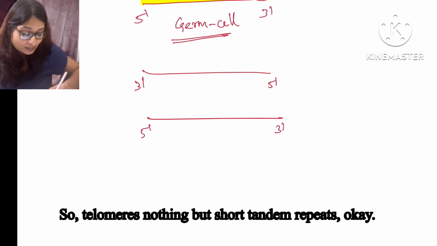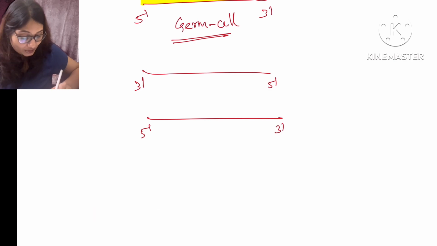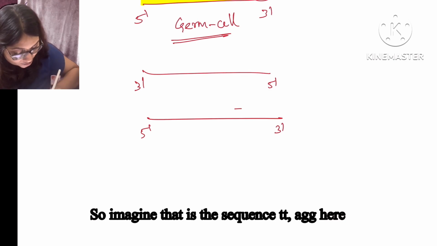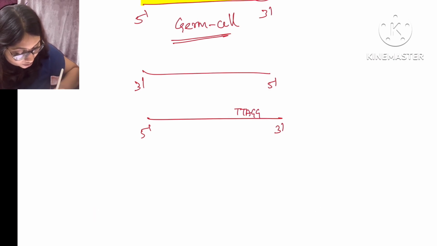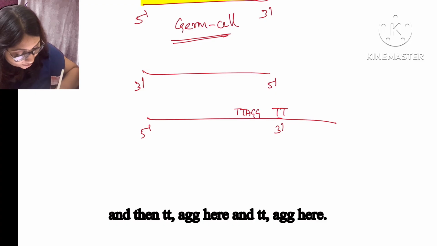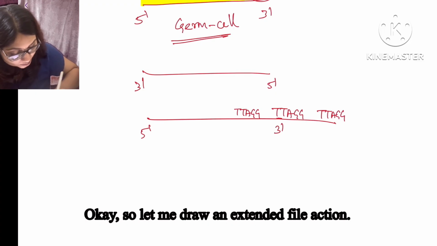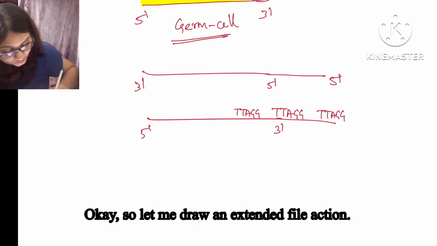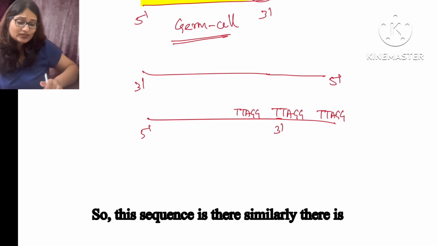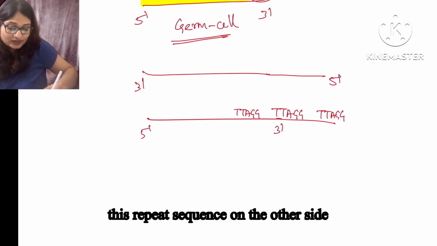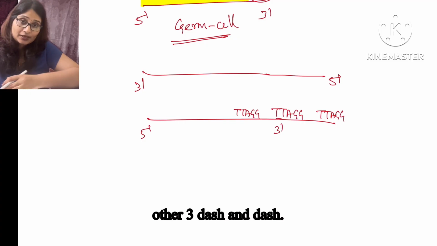Telomeres are nothing but short tandem repeats. Imagine there is this sequence TTAGG here, and then TTAGG here, and TTAGG here. Let me draw an extended 5'. So this sequence is there. Similarly, there is this repeat sequence on the other 3' end as well.